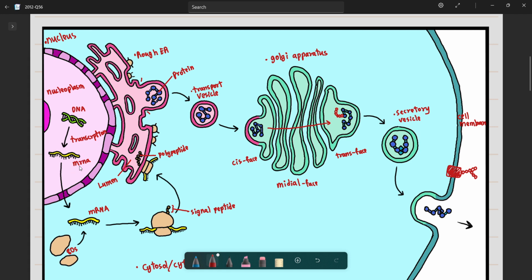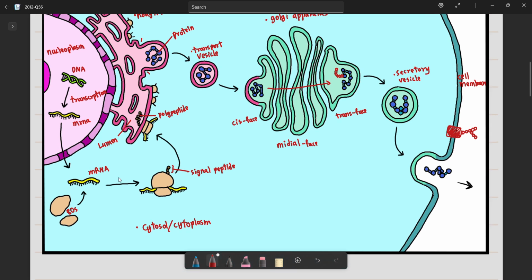The mRNA exits the nucleus through the nuclear pore, and then it is outside in the cytoplasm. The free ribosomes that are floating around the cytoplasm of the cell bind to this mRNA molecule. So its translation initially begins in the cytoplasm, not in the rough endoplasmic reticulum.